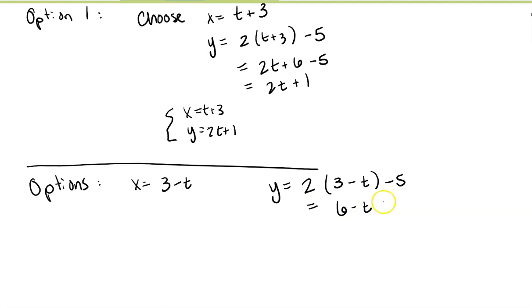So we get 6 minus 2t minus 5, or 1 minus 2t. So this is another option that would also satisfy the requirements. The only thing that has to happen is that your x and y have to go together.